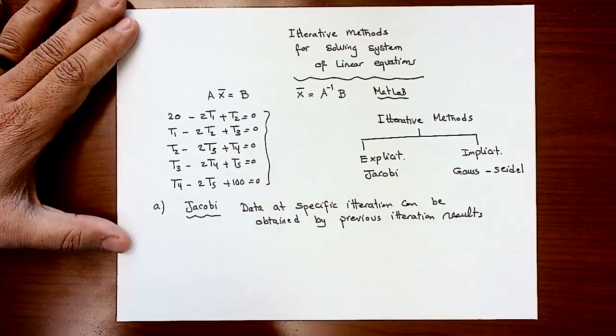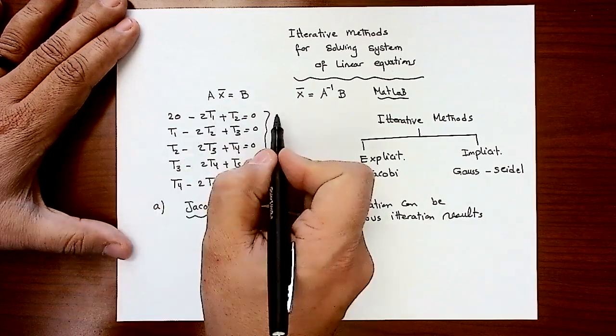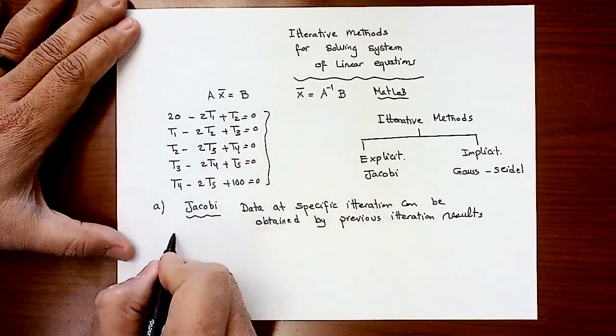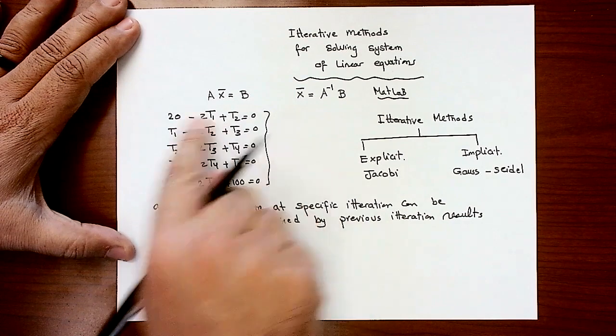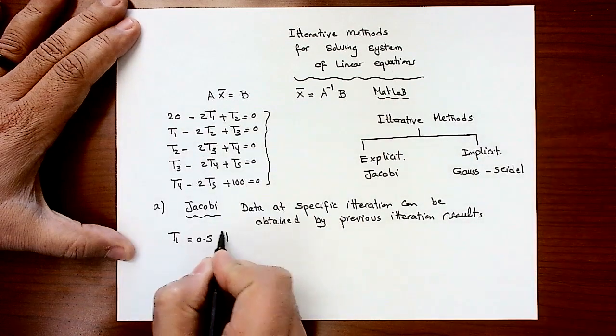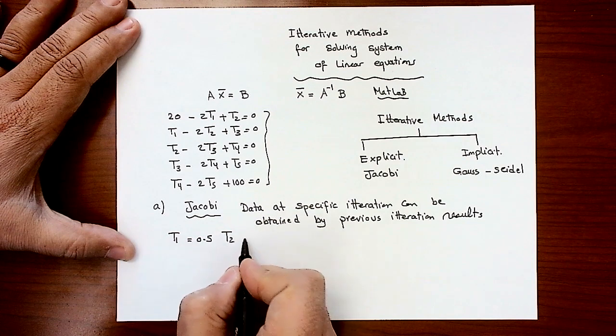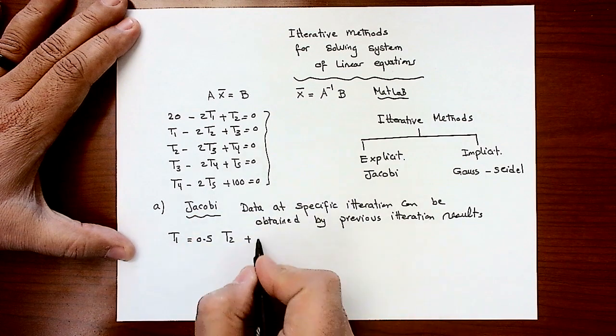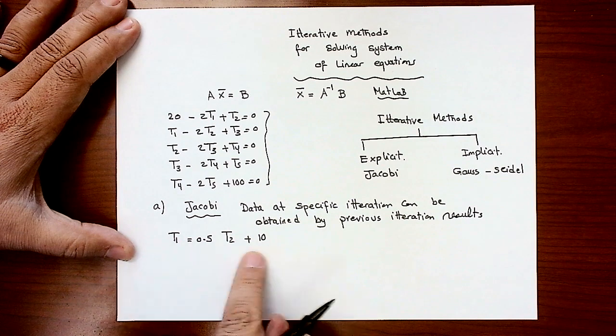For the first one, I will bring that term to the right-hand side. So I will have T1, and there is a 2 here, so I'm going to divide by 2. So I'm going to get 0.5 T2 plus 20 over 2, which gives me 10. So this is reformatting the node number 1 equation.